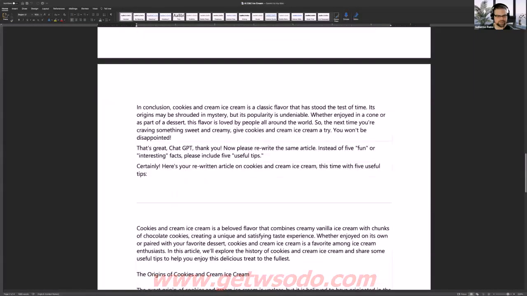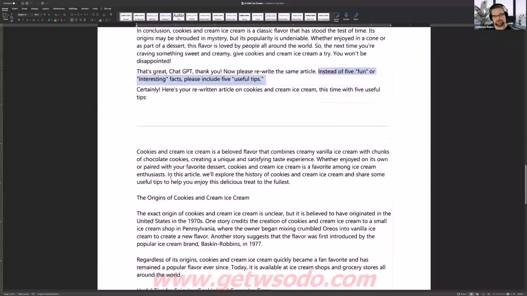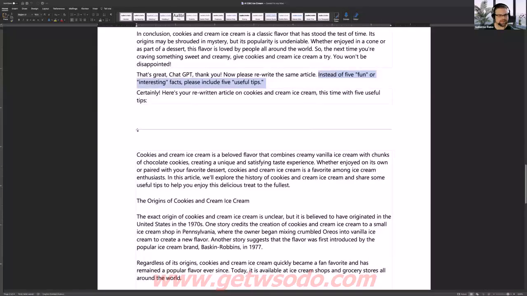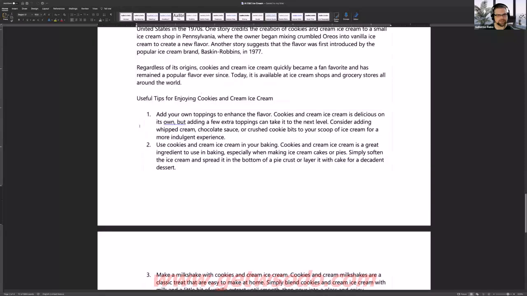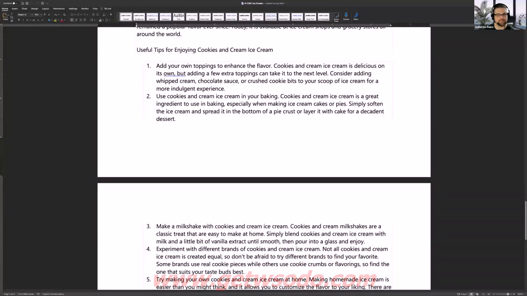So he said, that's great, ChatGPT, thank you. Now please rewrite the same article. Instead of 5 fun or interesting facts, please include 5 useful tips. All right, so he's testing out the difference between fun and interesting. So let's take a look at the tips. Add your own toppings to enhance the flavor. Use cookies and cream ice cream in your baking.